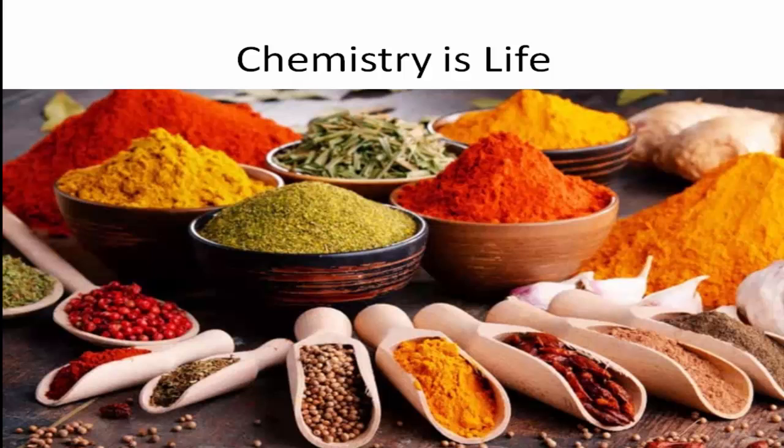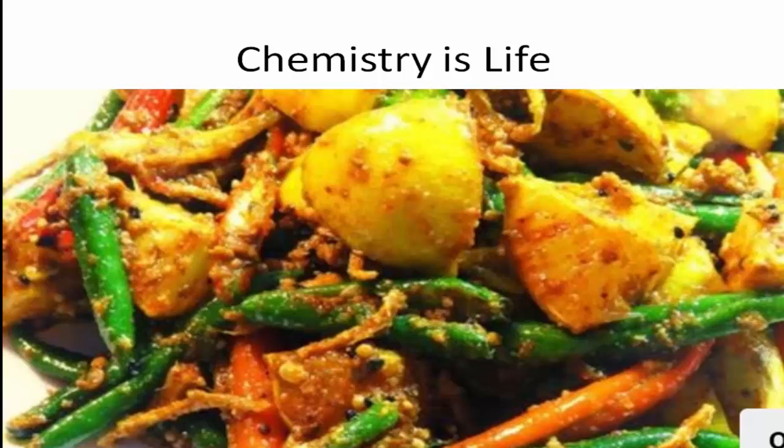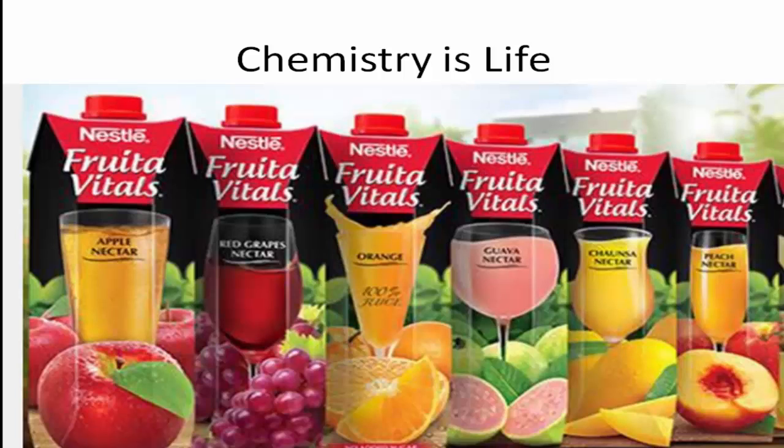Salt is a chemical. The chemical name of salt is sodium chloride, NaCl. It means it is a chemical. If we take the example of pickles, salt, oil and acetic acid are present in pickle, and all these things are chemicals.